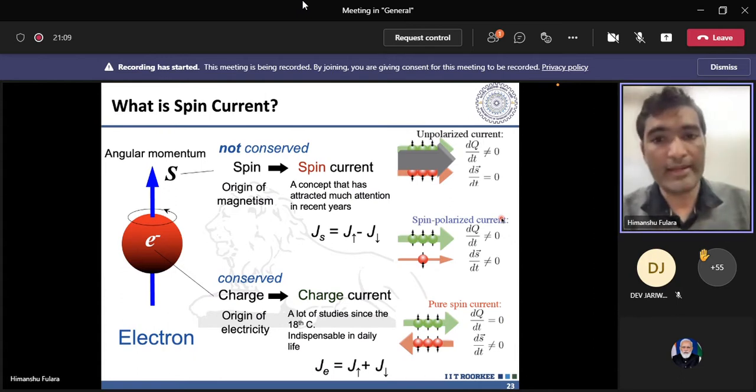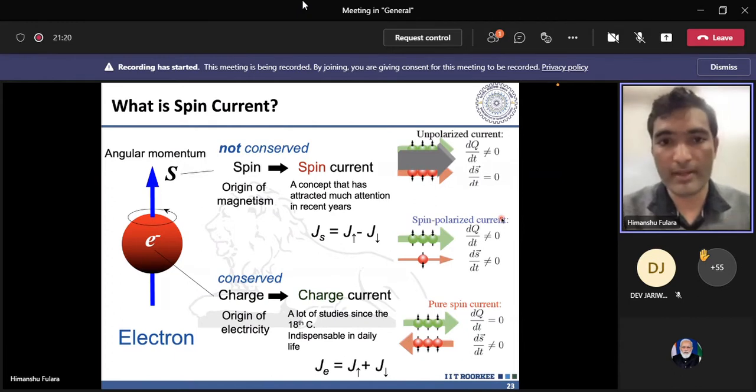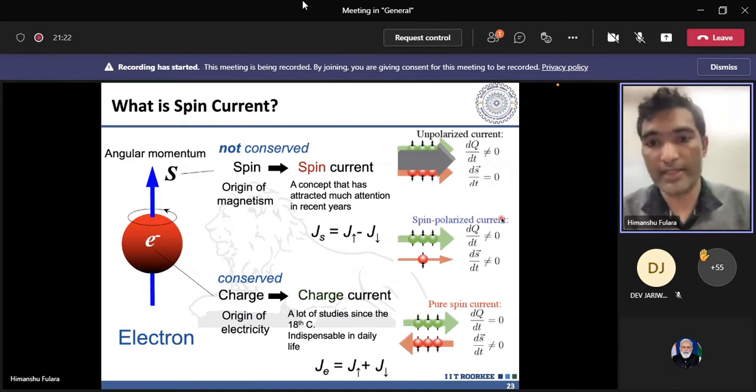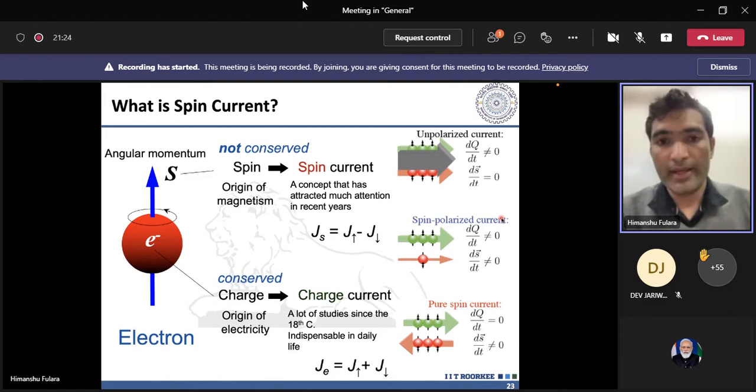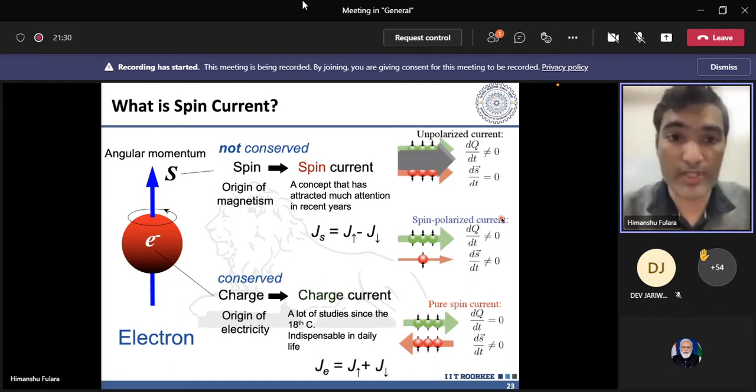The other thing is the magnetoresistance which I have discussed. The very high magnetoresistance value, whether it comes from GMR or from TMR, allowed us to develop very high quality magnetic sensors at the nanoscale.